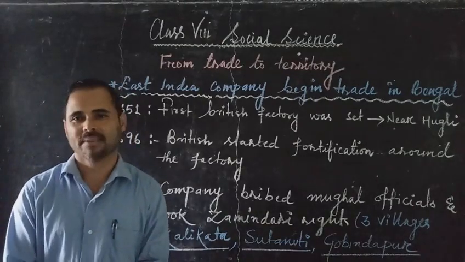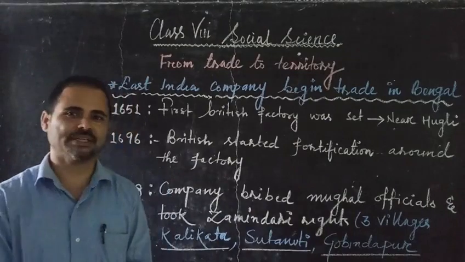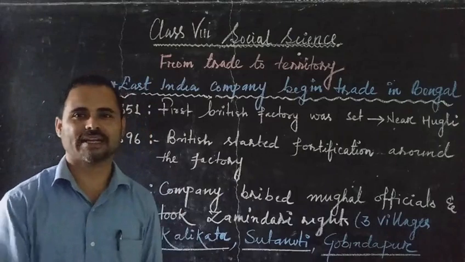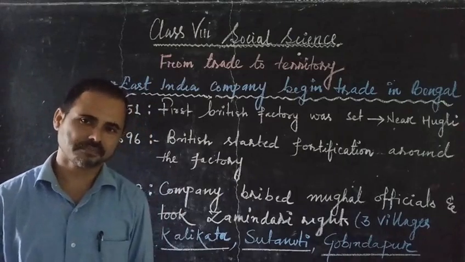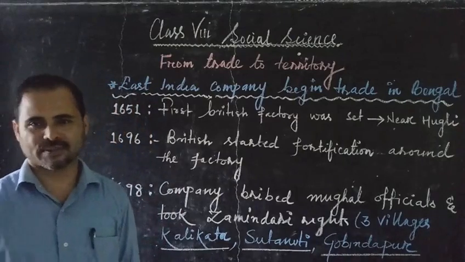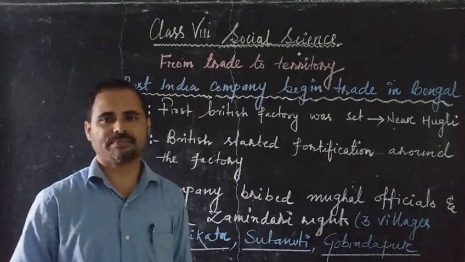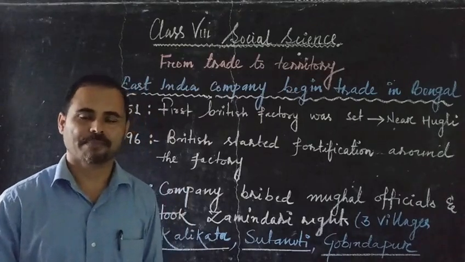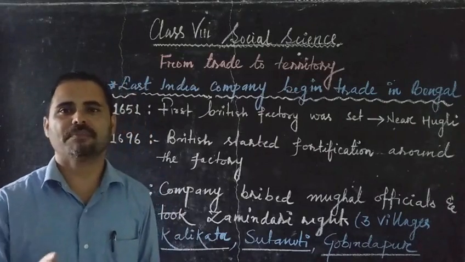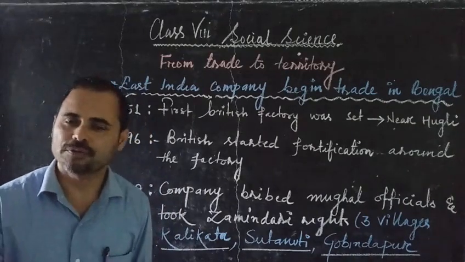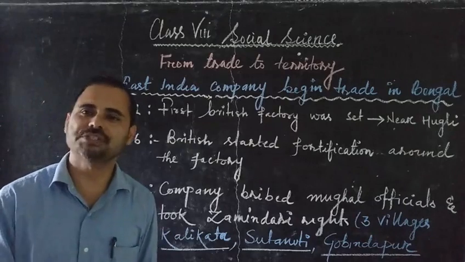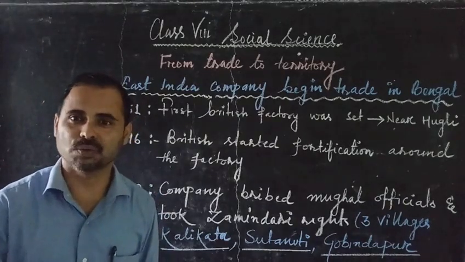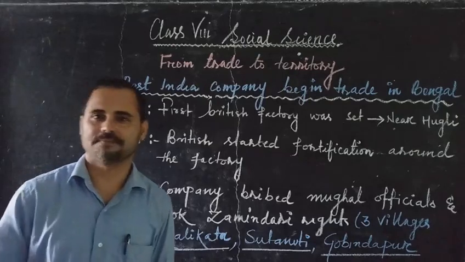since 1696. And this fortification on the factory site was not liked by the Nawab. Why? Let us try to understand. During Aurangzeb's time, Aurangzeb had given a farman to the company. And what is a farman? Farman means an official verdict, an official order. It is called a farman in Urdu; farman is an Urdu word.